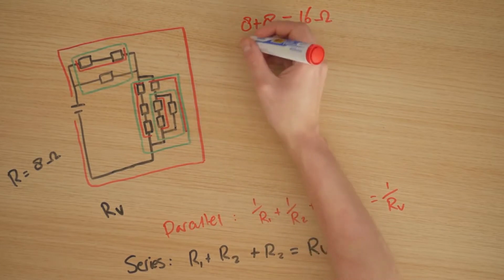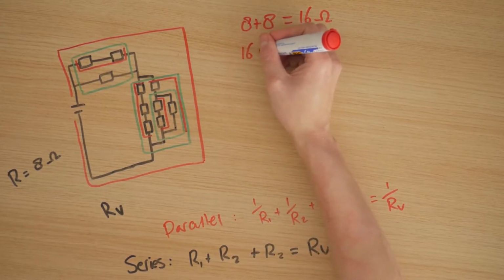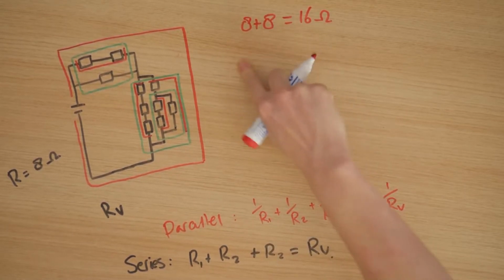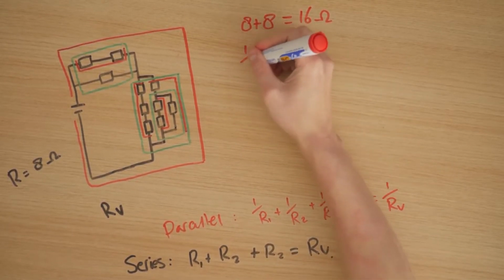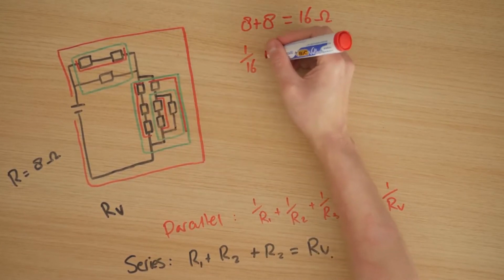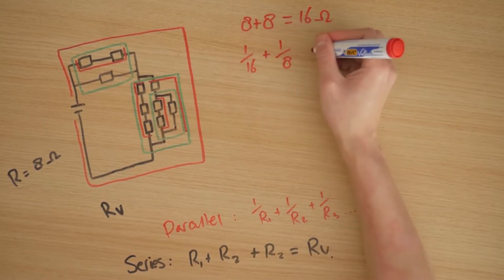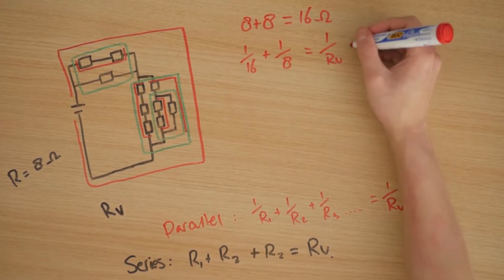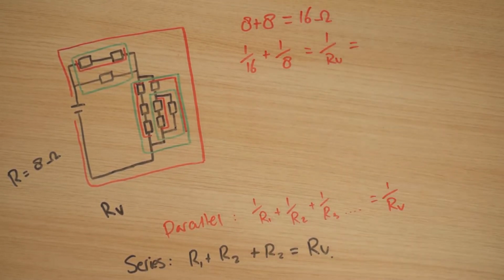So we gotta do 1 over 16 plus 1 over 8 is 1 over RV. This comes out as, let me see, 0.1875.